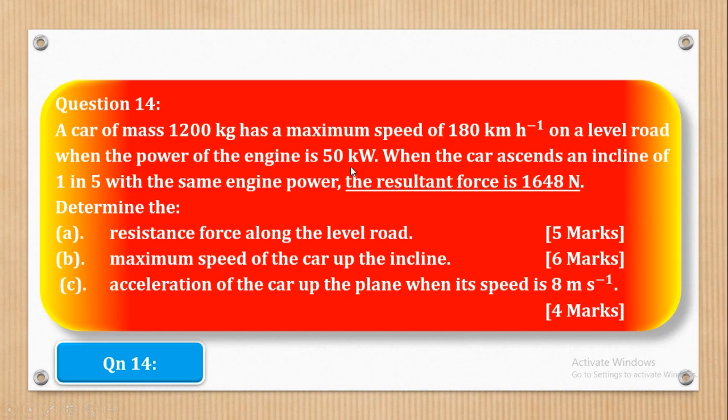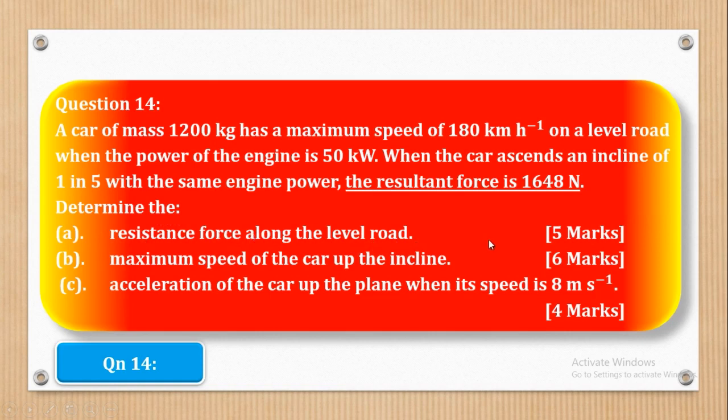When the car ascends an incline of 1 in 5, note that, with the same engine power, note that also, the resultant force is 1648 newtons. I've underlined it, and I'll tell you why. Determine the resistance force along the level road.